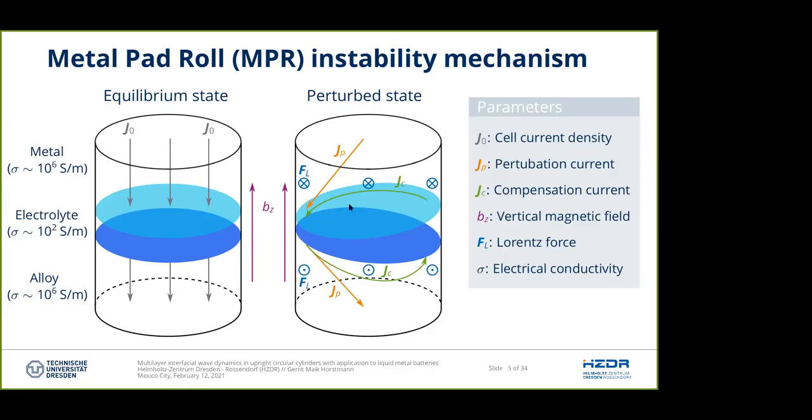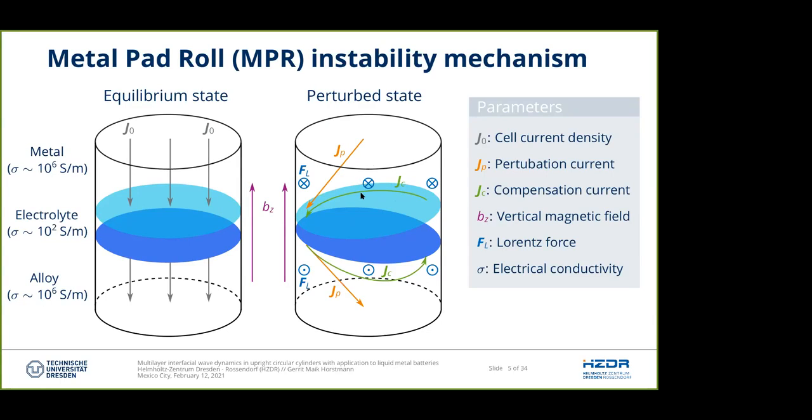And we can split this deflected current into two parts, the vertical current and a horizontal compensation current. This horizontal component now interacts with the vertical magnetic field and gives some Lorentz force contributions, here pointing inwards and here outwards of the plane. And these Lorentz forces will displace the interfaces. In the upper part, it will push the interface to the back wall.